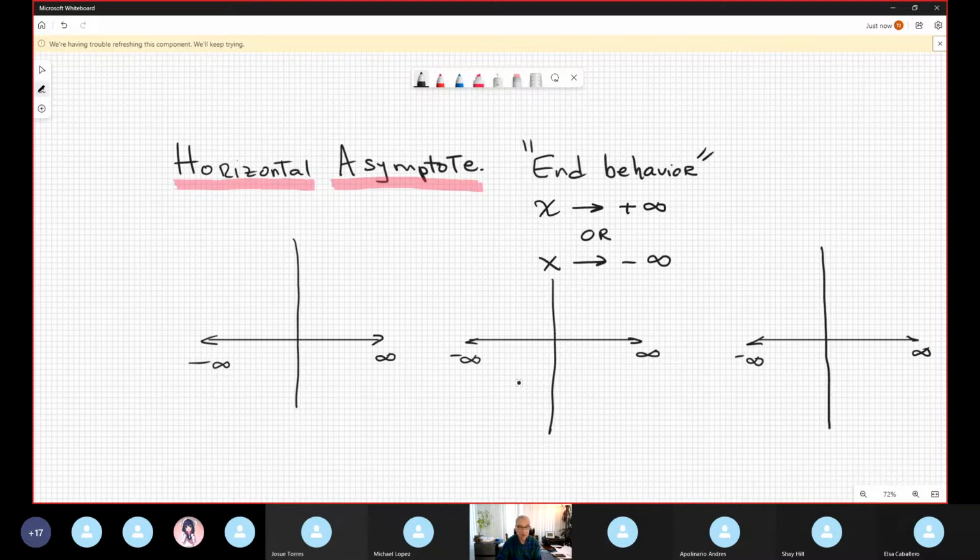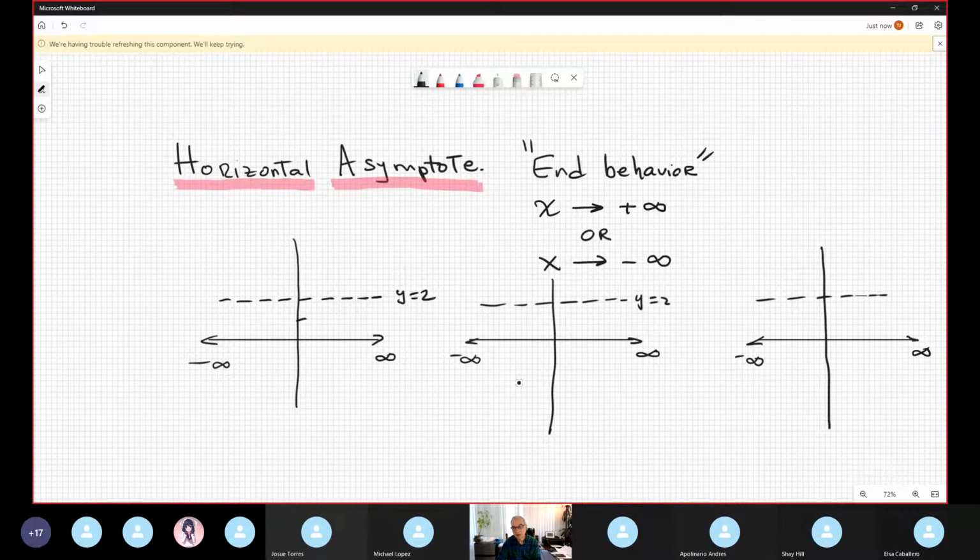So for example, we have a horizontal asymptote. Remember, any asymptote by convention is a black dotted line. This one is horizontal, and it's y equals something. Maybe y equals 2. Horizontal asymptote y equals 2, not necessary in every problem, depending on the problem.